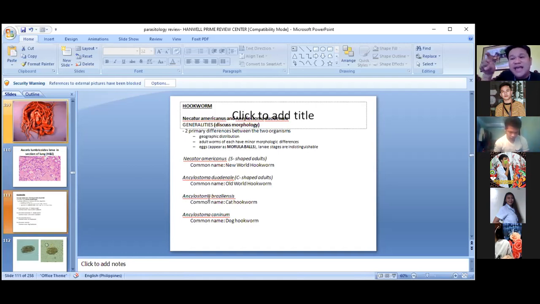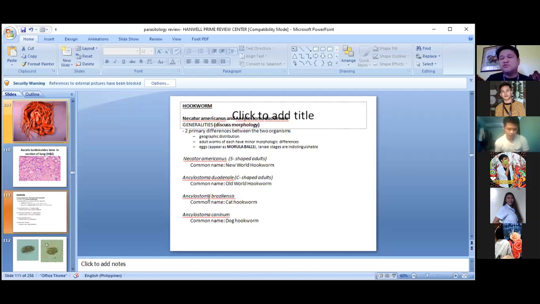Nakita niyo yung kamay ni Captain Hook, 'di ba ganyan? 90 degrees bending. Ganyan kasi yung itsura ng anterior portion ng parasite. Naka-hook siya, hook shape. Okay? Parang kurtina na may hook. Hook ng kurtina, right? Naintindihan? Okay, so the hookworm there is in fact a common name. The species are those that I actually have told you a while back.